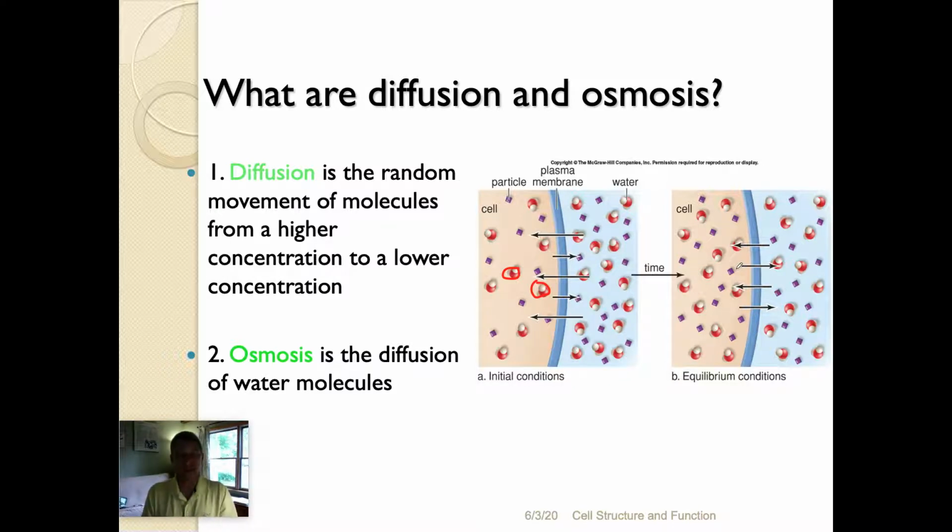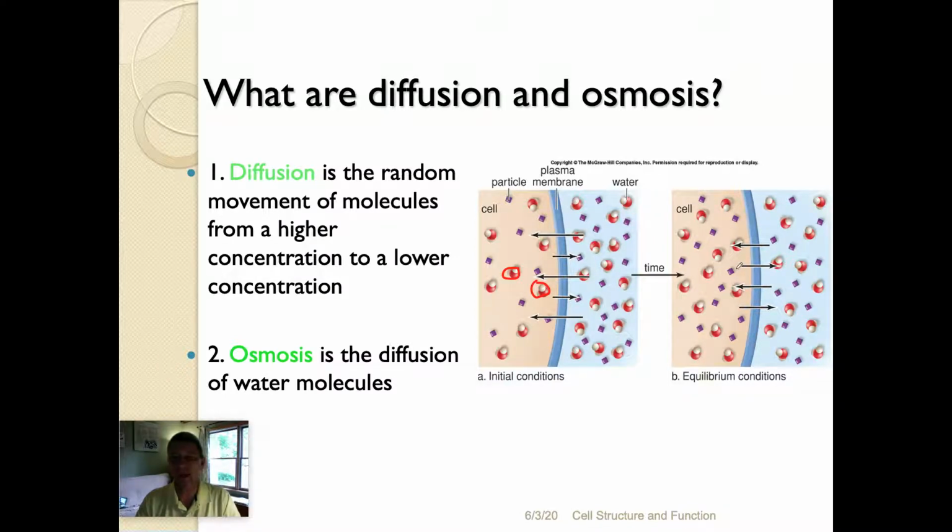Now, osmosis is the diffusion of water molecules. And so diffusion can be a little bit counterintuitive, because what happens is that the concentration of water is high when there's very little other stuff dissolved in it. And the concentration of water is low when there's a lot of other stuff dissolved in it.